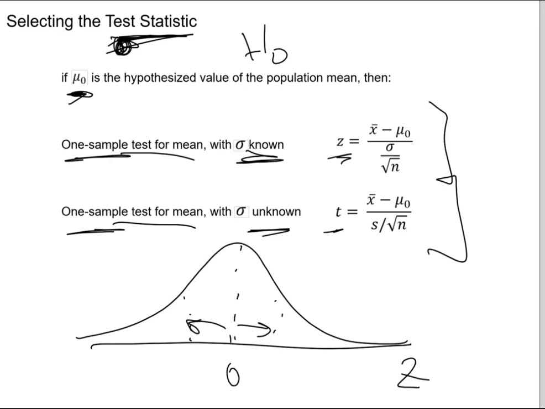A standard normal distribution has the standard deviation normalized to 1. If you recall, we use our z distribution when we know what the underlying variation in our population is.